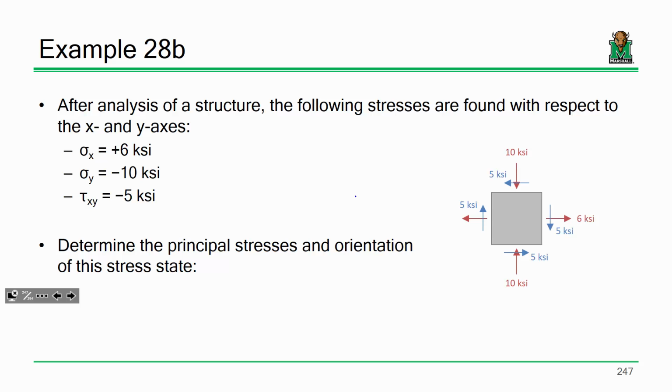Okay. So I want to go back to that same stress state we were looking at earlier, and I want to determine the principal stresses, worst case stresses, okay? So worst case normal stresses, and then what the heck is that angle?